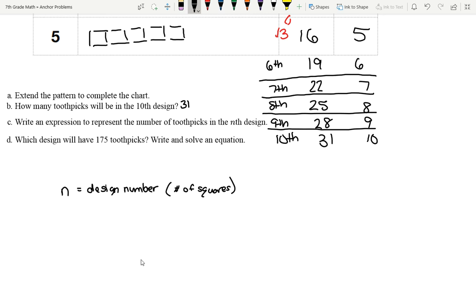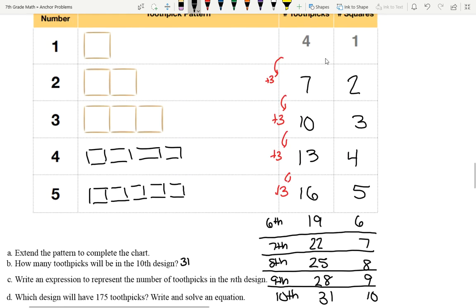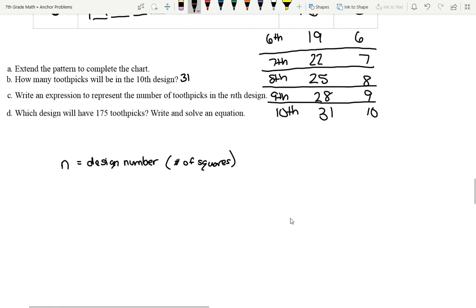Now, each time we are adding 3, each design we're adding 3 more toothpicks, which tells us we can start off with just 3n, because we're taking 3 and adding each time.